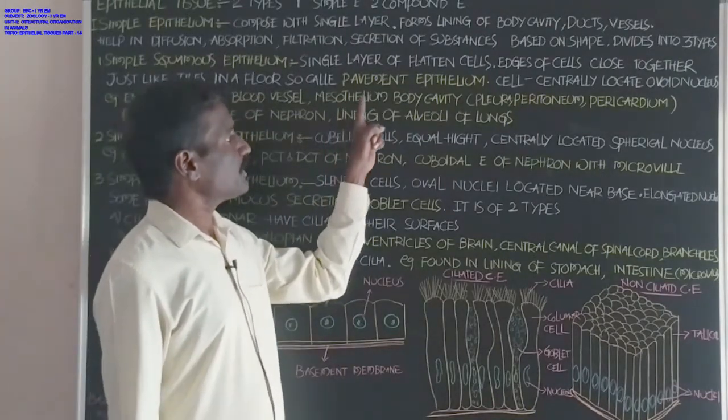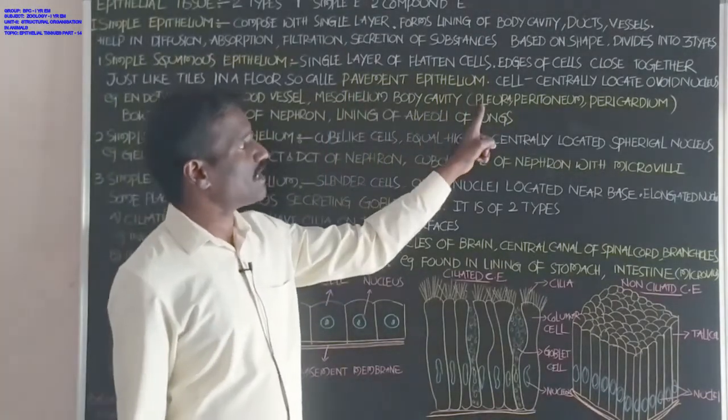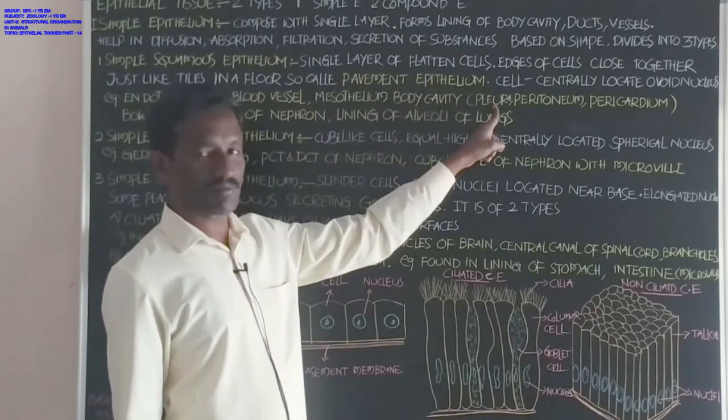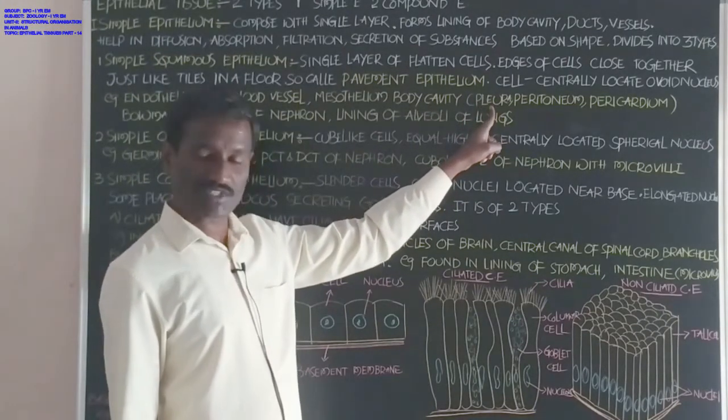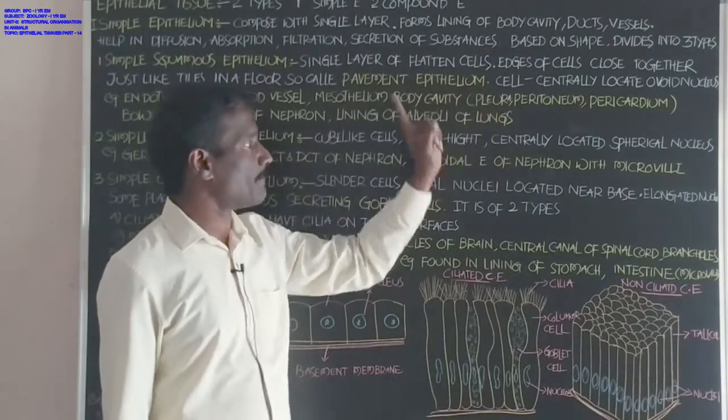Students, the mesothelium, or simple epithelium from the mesoderm, that surrounds the lungs is called pleura.